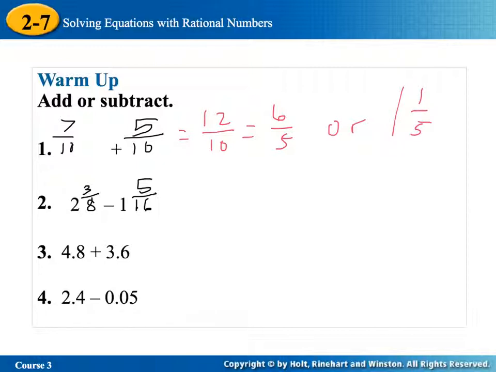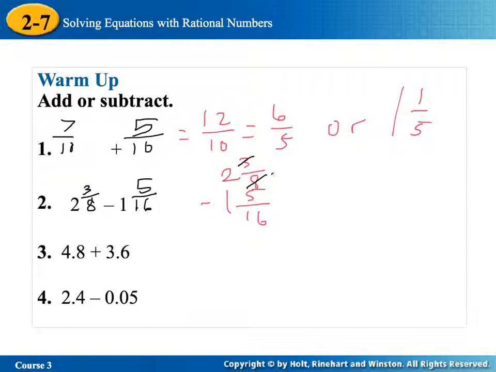All right, next. Now we're subtracting on this one. So again, I need a common denominator. I have eighths and sixteenths. So what's my common denominator? Could be 16. Again, I have 2 3/8 minus 1 5/16. So I'm going to get 2, and I'm going to switch this into sixteenths.